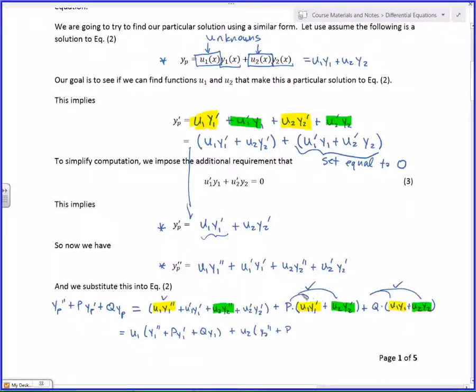Well, I got a p in there because of this. p y2 prime plus q y2. And then what's left behind after I've done those three terms? Just this one and this one, right? u1 prime y1 prime plus u2 prime y2 prime.